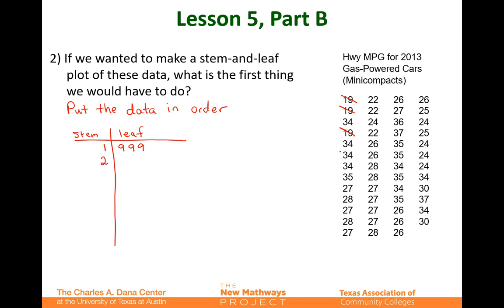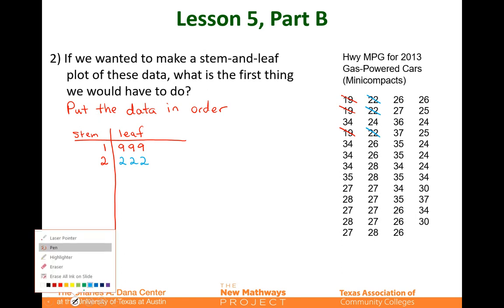When I start looking, the smallest that I see is 22. Let's change colors just so we don't get confused. How many do I see? 1, 2, 3. Are there any more? I don't see any more. So we'd have 2, 2, 2.